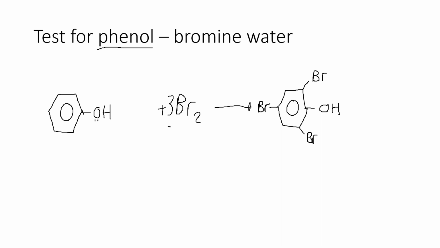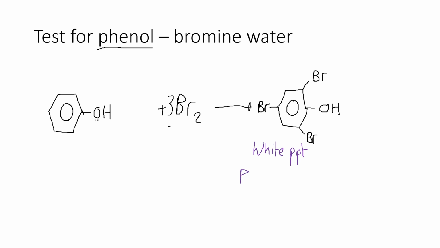In terms of what you would see, there are 2 things that you need to know for this test. The first one is that you get a white precipitate, and that's because of the 2,4,6-tribromophenol. And also you would see decolorization of the bromine water.